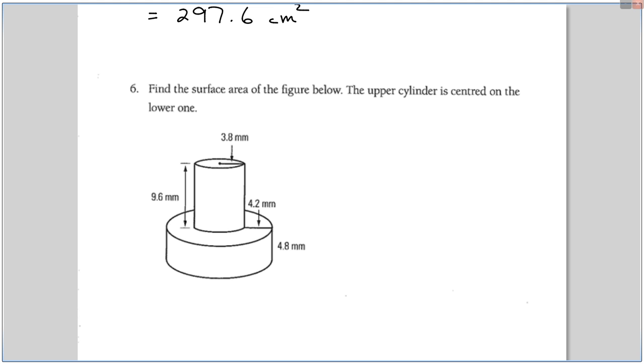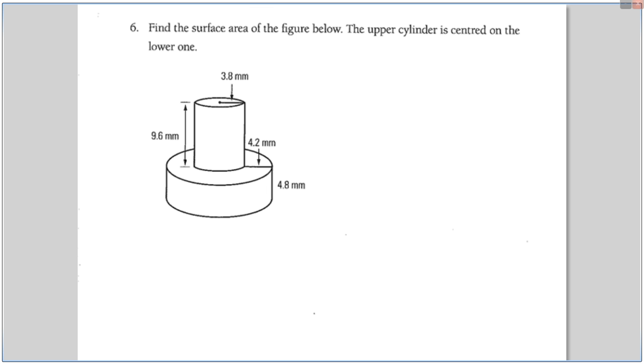Alright, so here is where it gets really ridiculous. Just to be clear, for these types of questions, if they ask for the surface area, see I highlighted it for you, you're only interested in faces. You know what a face is?